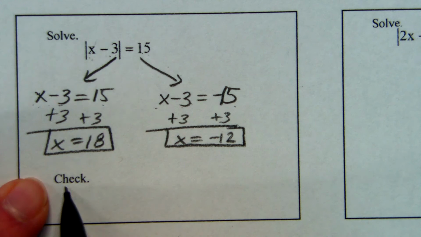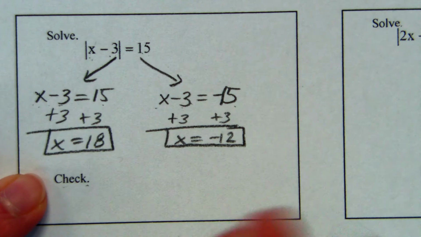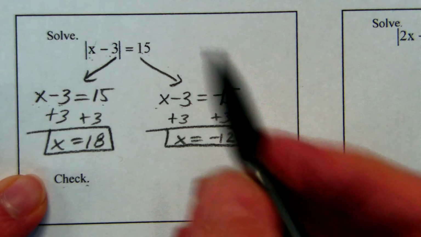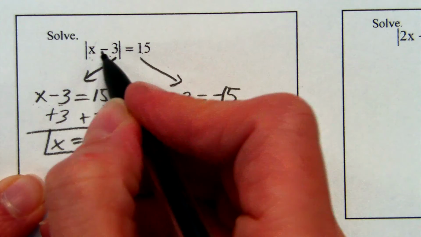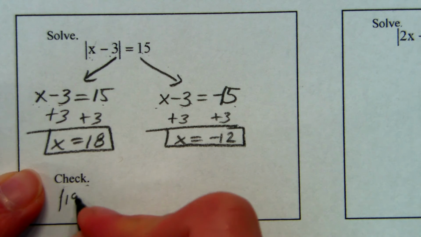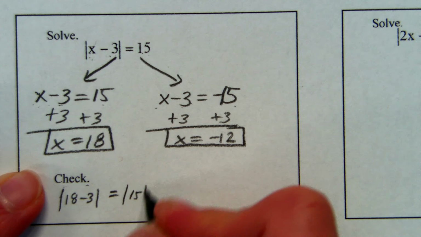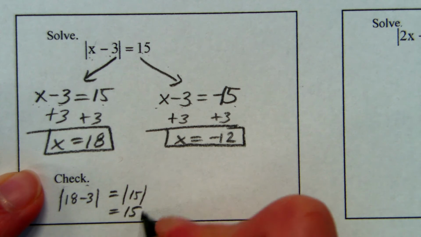Now there's a place down here that says check. I'm going to show you just so that you'll have this clear in your mind why both of these work. If I put 18 in for x, I'd have the absolute value of 18 minus 3, which is the absolute value of 15, which is 15. That one's pretty easy to check.